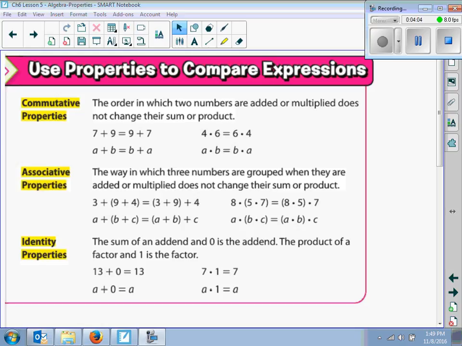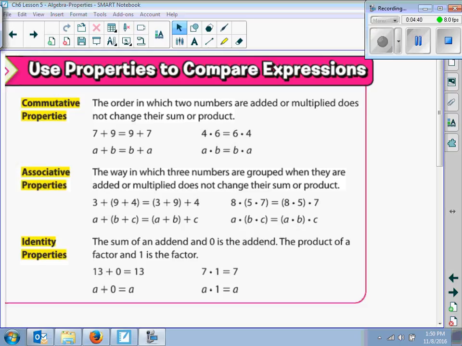So here, 9 plus 4 is 13. And then 13 plus 3 is 16. Okay. So now here I have 9 plus 3 is 12. And then 12 plus 4 is 16. So you can see the values are the same.